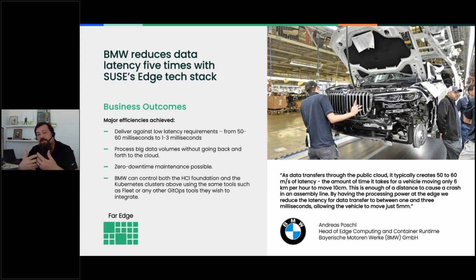I need to be able to patch those vulnerabilities. I need to be able to pull those things together without taking my robots offline, things of that nature. And so this is one where we're working with BMW to deliver that edge management capability to keep their factory floors moving forward, being able to move data through their environments. It's a pretty cool solution set that we have working with these guys.